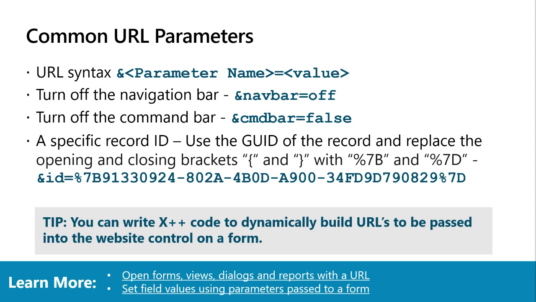If you use the command bar equals false, then that also toggles off the command bar that shows up inside of the model-driven app as well. So by using these qualifiers, we can make a very clean model-driven app without all of the charms and the navigation bar associated with it.